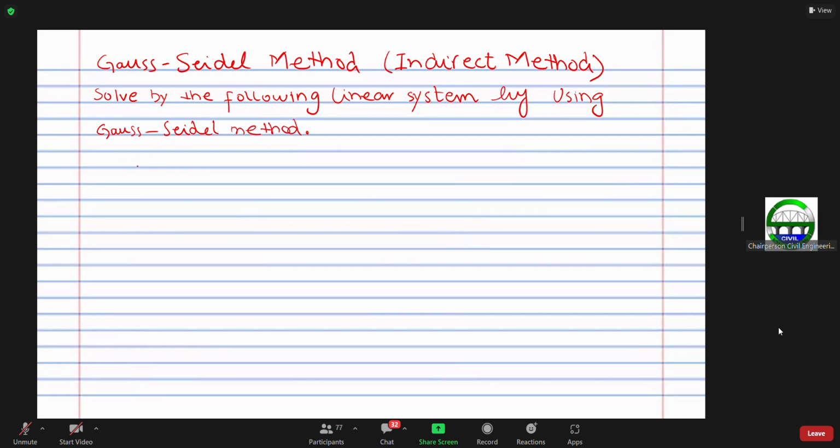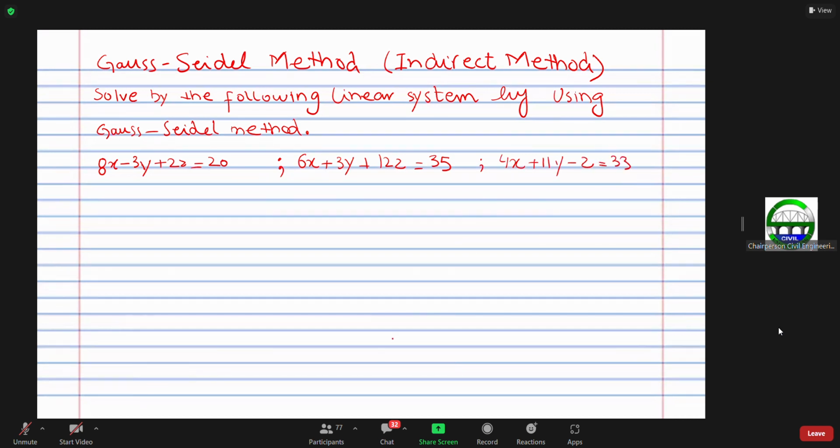And our equations are 8x minus 3y plus 2z is equals to 20. Our next equation is 6x plus 3y plus 12z is equals to 35. And our next is 4x plus 11y minus z is equals to 33.